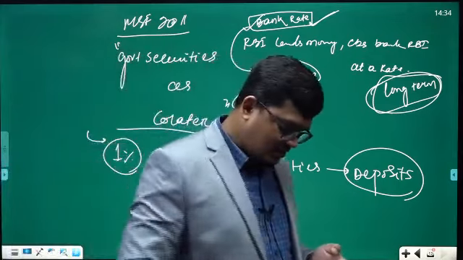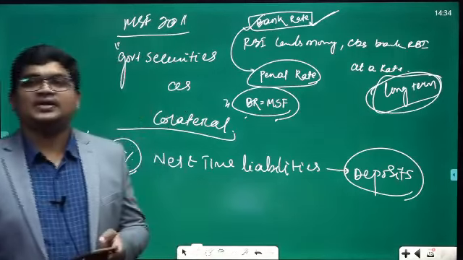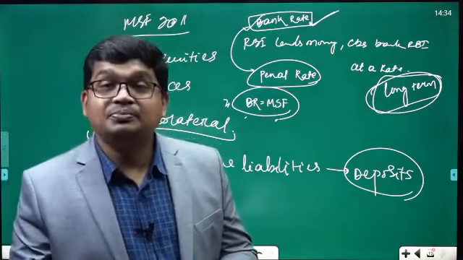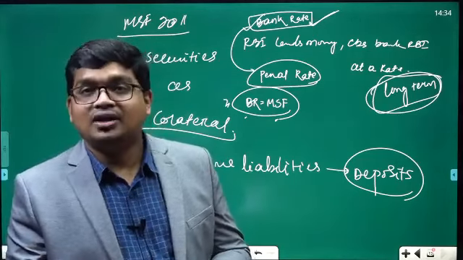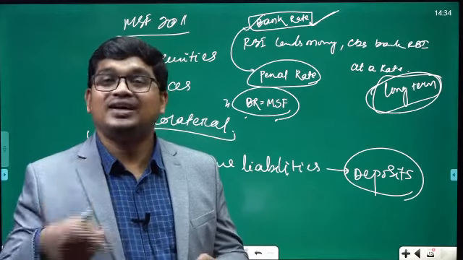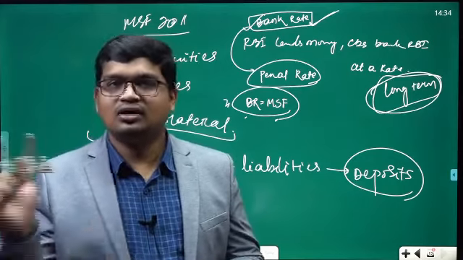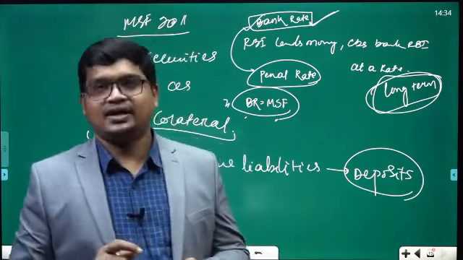Jyoti is asking why there is this different classification of inflation. The classification of inflation is only, let's say, the CPI agricultural labor. So when the government revises the wage rate at the rural level, then the government considers this CPI AL.